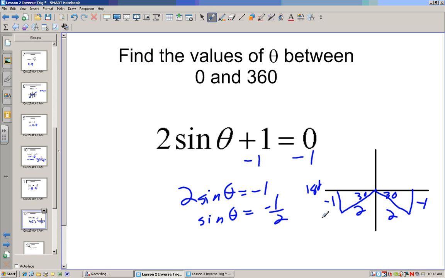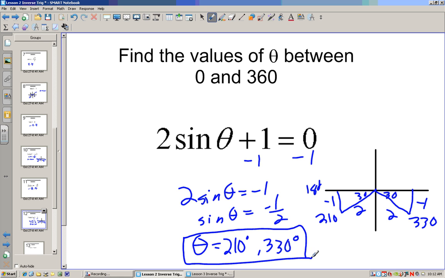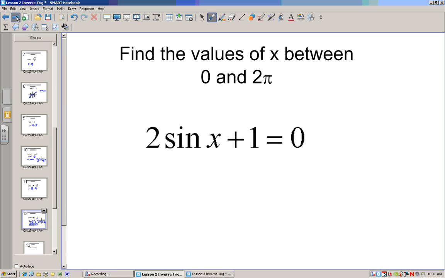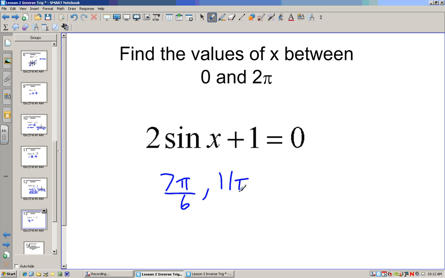And 30 degrees past 180 is 210. 30 degrees below 360 is 330. So my theta is going to be 210 and 330. Now if I do that in radian mode, 210 is 7 pi over 6, and 330 is 11 pi over 6.